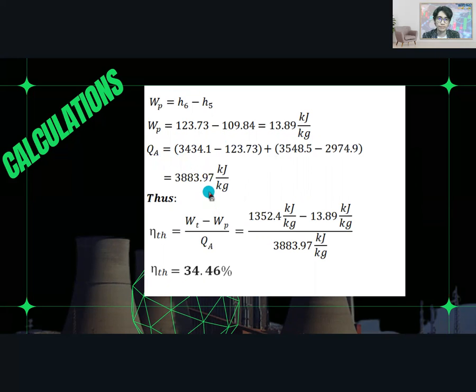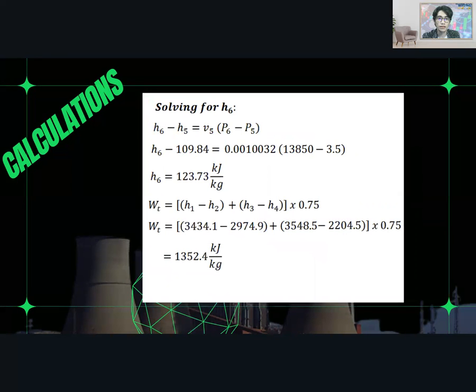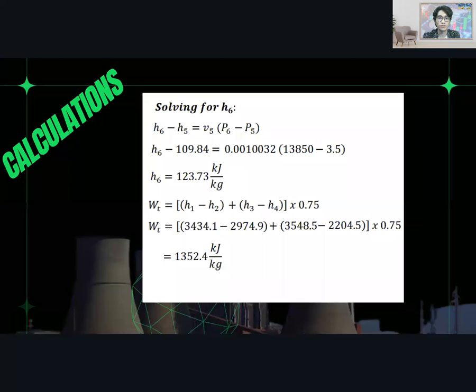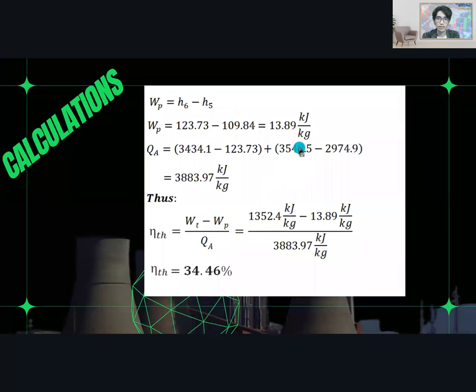The heat added: 3,434.1 minus 123.73, which is H1 minus H6, plus 3,548.5 minus 2,974.9.